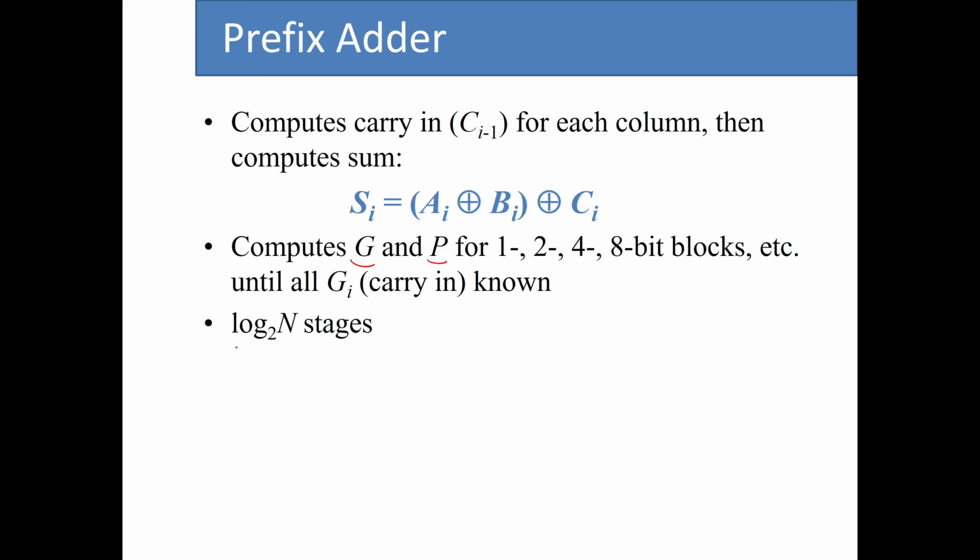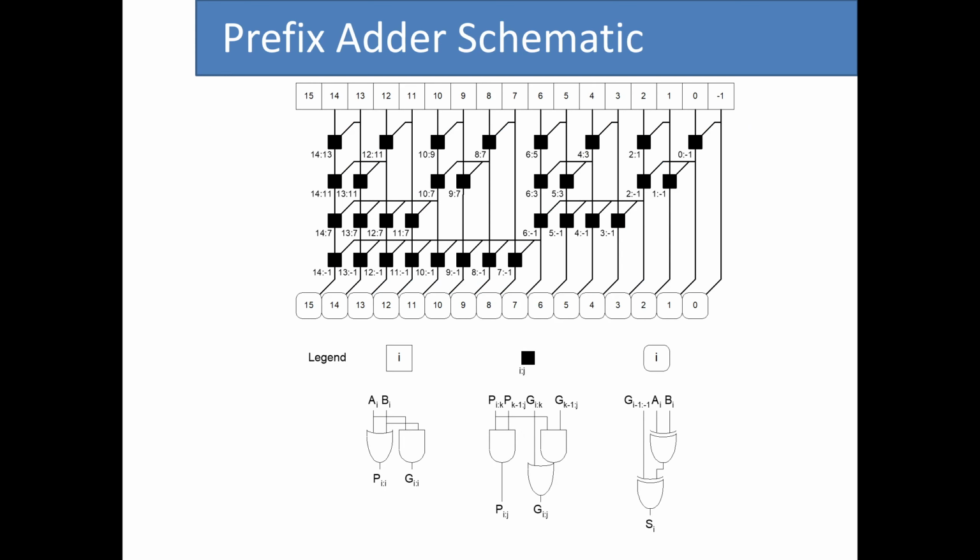So in general, we have log base 2 of n stages. So let's say if we have 32 bits, that means that we need to have 5 stages for a prefix adder, but that will be worth it, as I will show you in an example. And the general design of the prefix adder looks something like this.